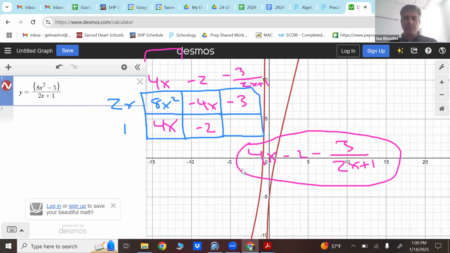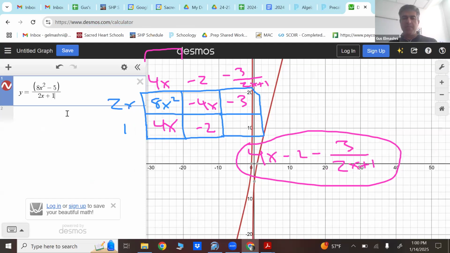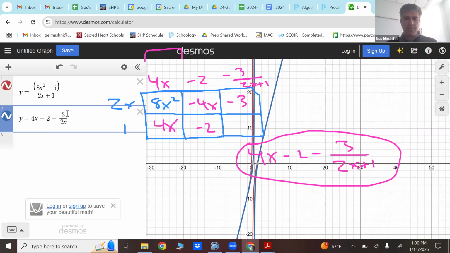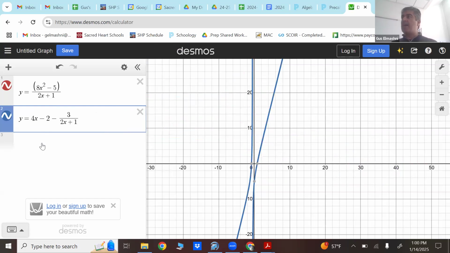Okay, that's a pretty funky graph, right? Let's graph this: y equals 4x minus 2 minus 3 over 2x. It's the same thing. They're the same graph. They should be, because that's what we did. All we did is we did a cosmetic change.